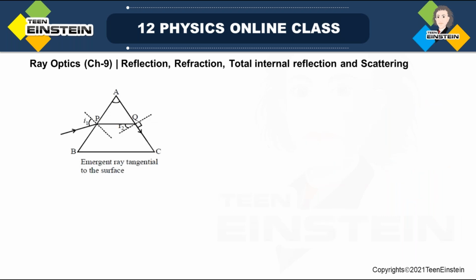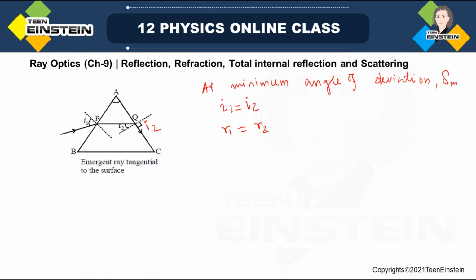That means I1 is the angle of incidence and I2 is the angle of emergence. So at minimum angle of deviation delta M, I1 is equal to I2 and R1 is equal to R2, and that is always A by 2. R1 is equal to R2 is equal to A by 2.